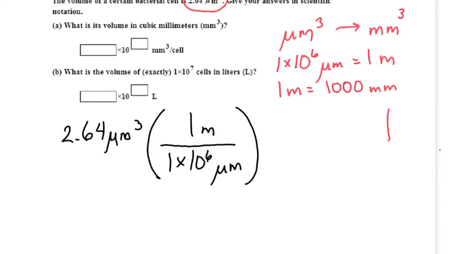This cubed does not cancel unless everything is cubed. So we have to take 1 times 10 to the 6th and cube it. Take the micrometers and cube it. 1 cubed is going to be 1, and 1 meter cubed is going to be meters cubed anyway.